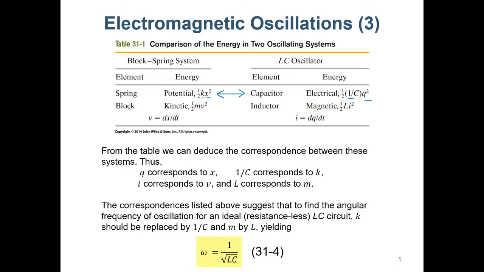And the energy for the block or the mass is the inductor. So the energy stored in the magnetic field is 1/2 Li squared.